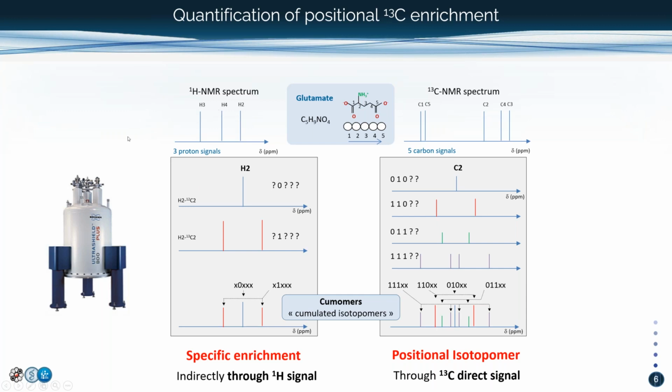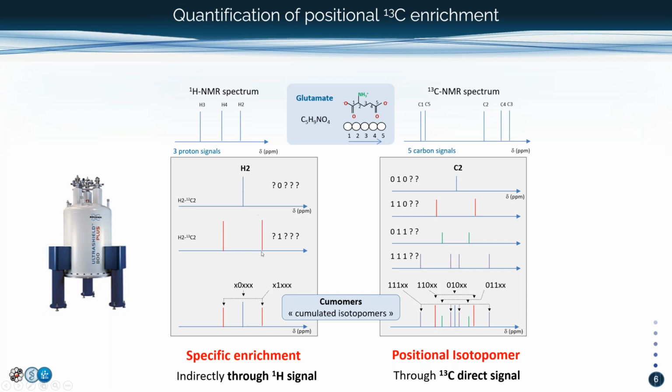So thanks to NMR, we also have structural analysis, because we have redundancy of signals coming from the same molecule. Then, for example, we can focus on the proton 2 of glutamate, and we will be able to differentiate protons that are linked to C12 and protons that are linked to C13.